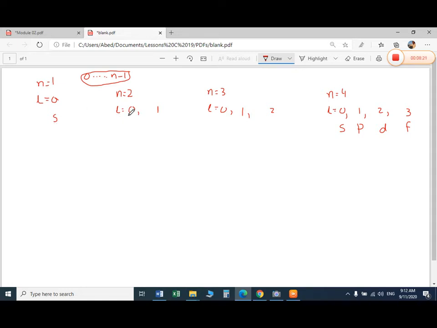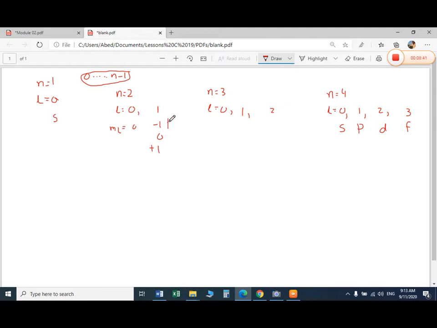Similarly here, L is equal to 0, so ML will also be equal to 0, no need to calculate here. But when L is equal to 1, then ML will be equal to minus 1, 0 and plus 1.